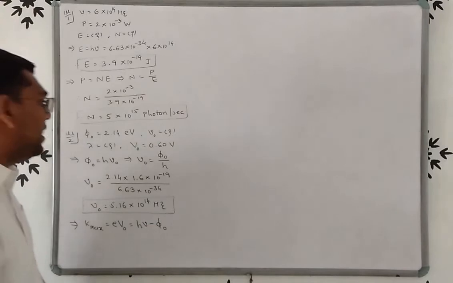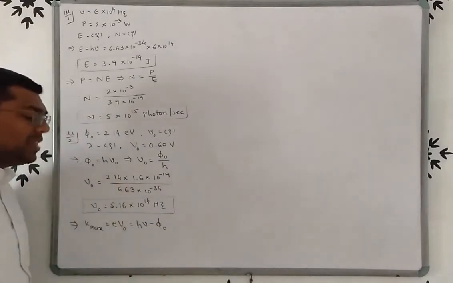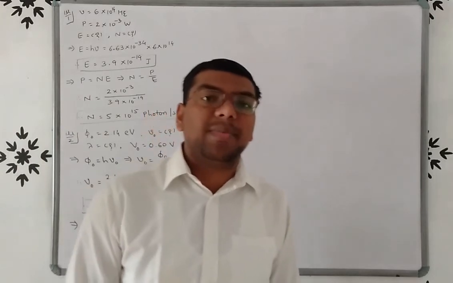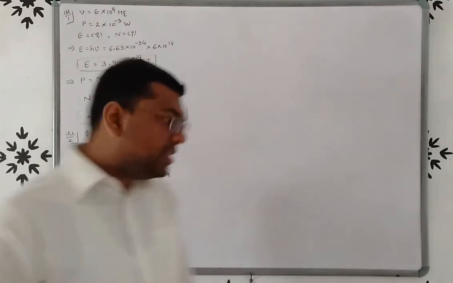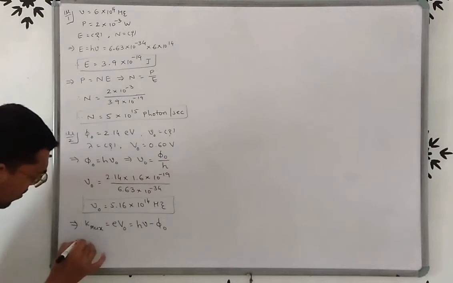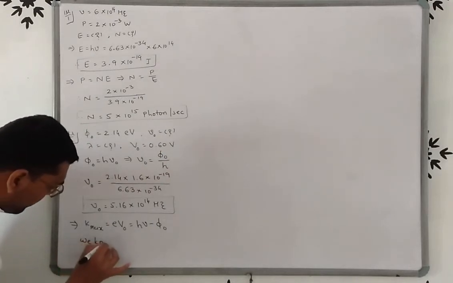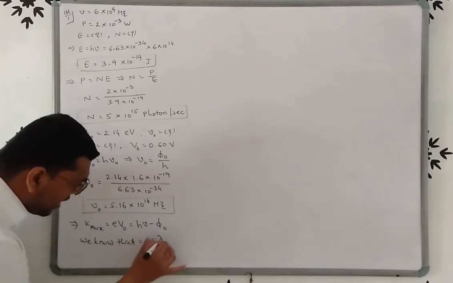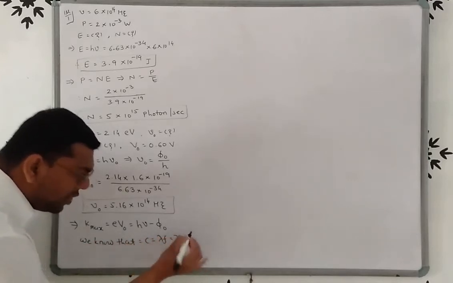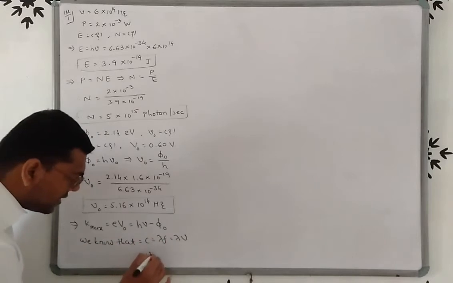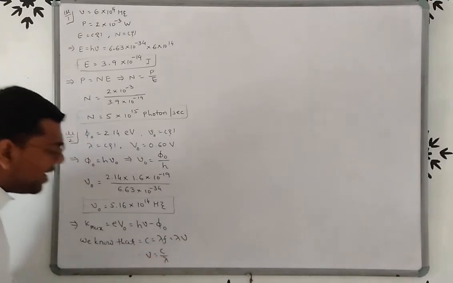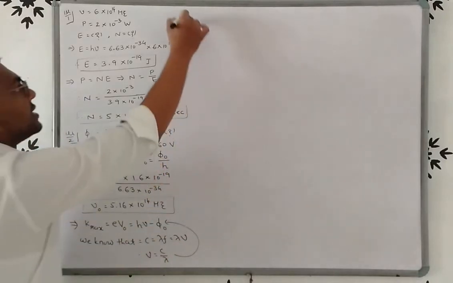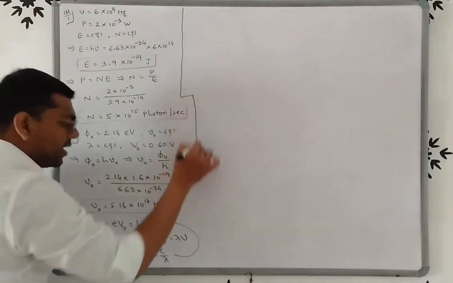We have to find out the wavelength lambda. So we already know the relation, C is equal to lambda f, or lambda nu, that is frequency. So nu is equal to C by lambda, we can write that, right? So here we put the value of nu as C by lambda.